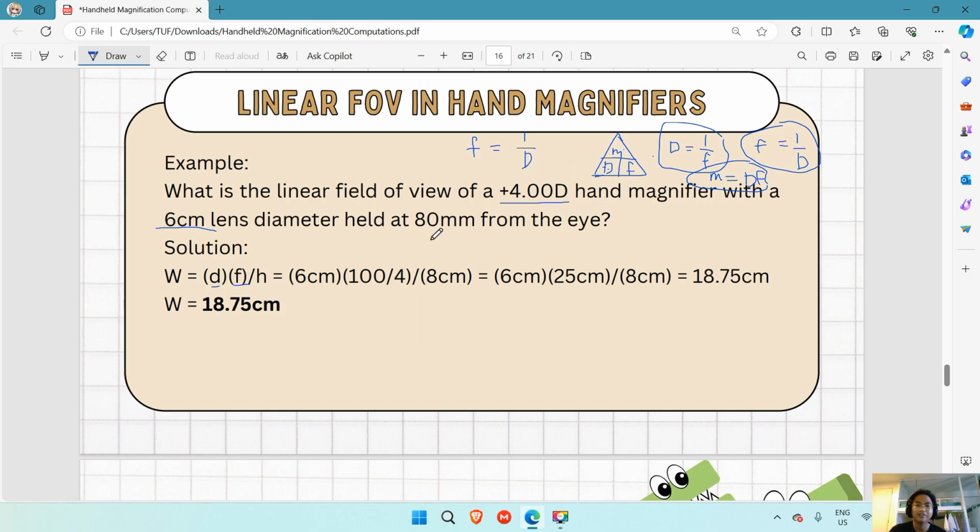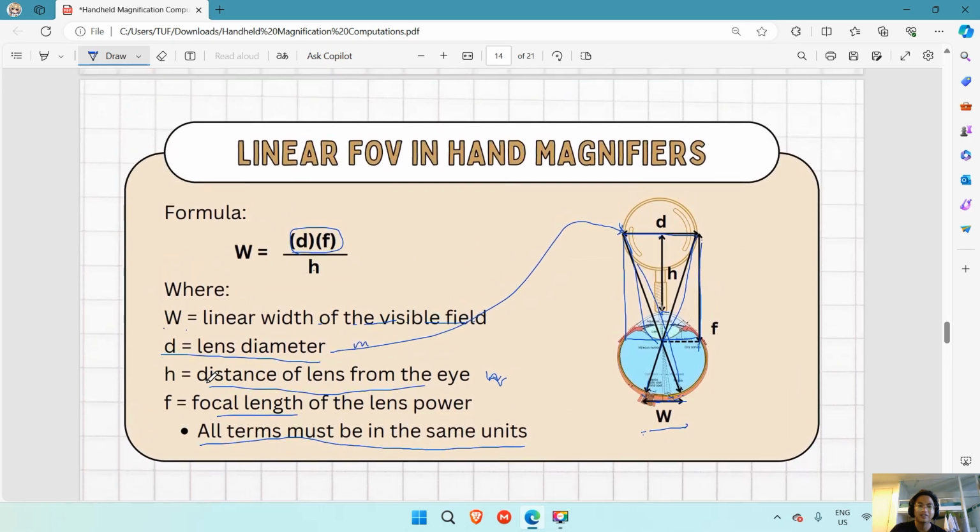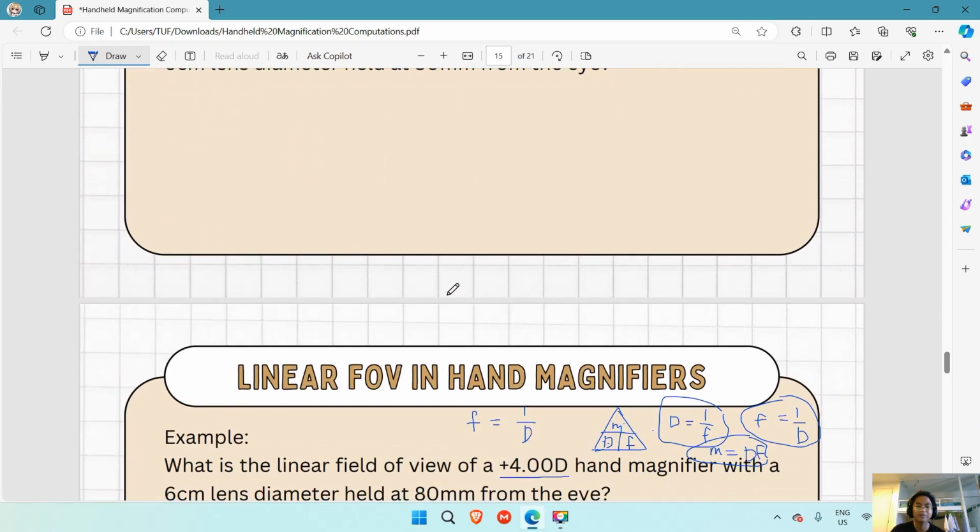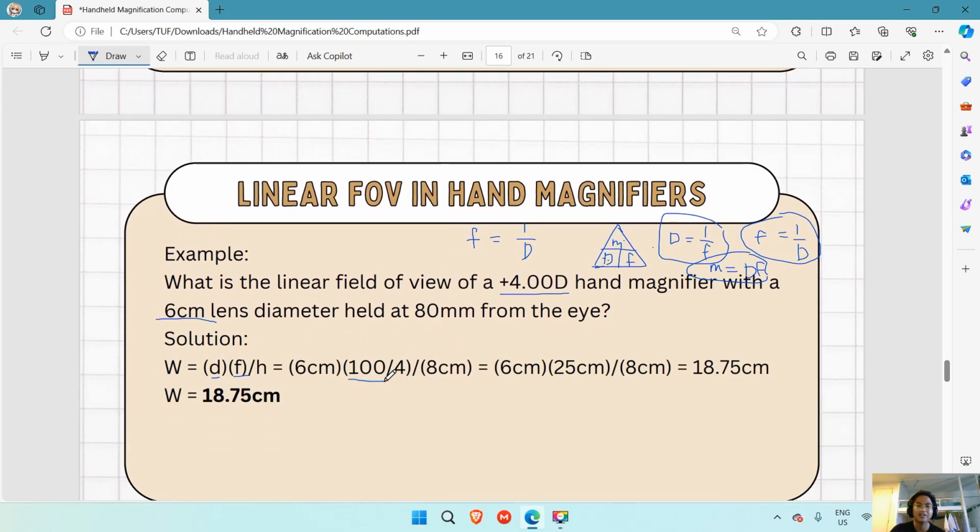Since we are looking for the focal length, and all terms must be in the same unit, to get centimeters: how many centimeters are in one meter? That is equivalent to 100 centimeters.